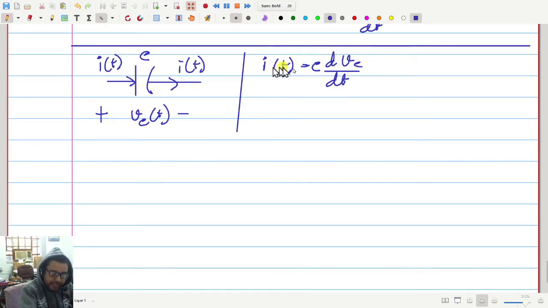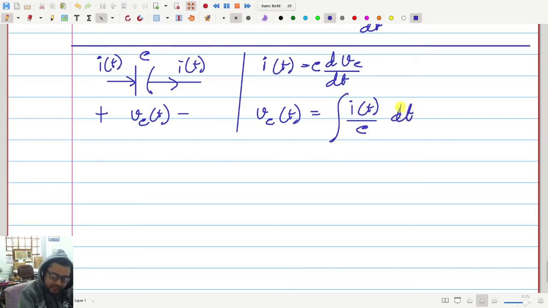We can also write this equation by integrating as VC(t) is equal to 1/C times the integral of I(t) over time, starting from time equal to minus infinity, prehistoric time, up to some time.